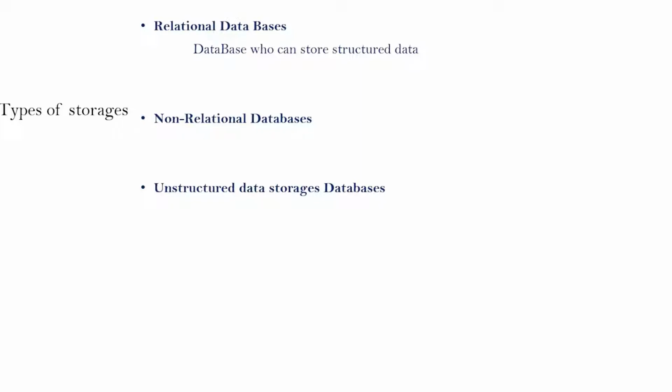So the databases that provide the support and service to store such data, which is in the form of rows and columns, majorly organizational data, are called relational databases. RDBMS, relational database management system. You must have heard this many times.